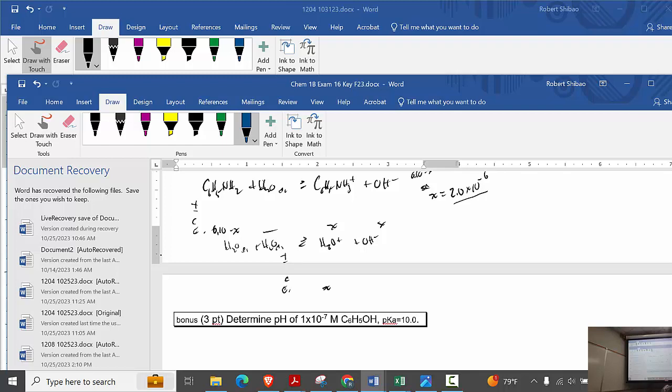So this is going to be x, and then the hydroxide is going to be 2.0 times 10 to the minus 6 plus x. And this times that will equal 10 to the minus 14. And so we could try the simplifying assumption here. If we do the SA, then we get x times 2.0 times 10 to the minus 6 equal to 1.0 times 10 to the minus 14.